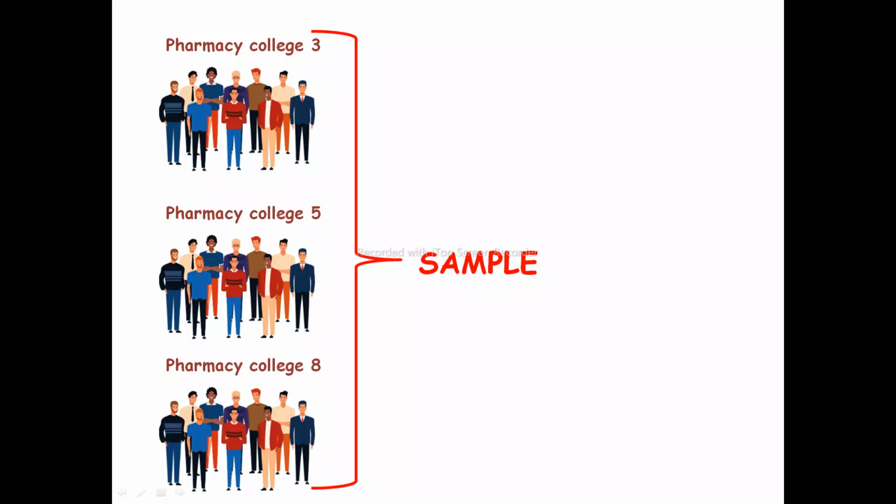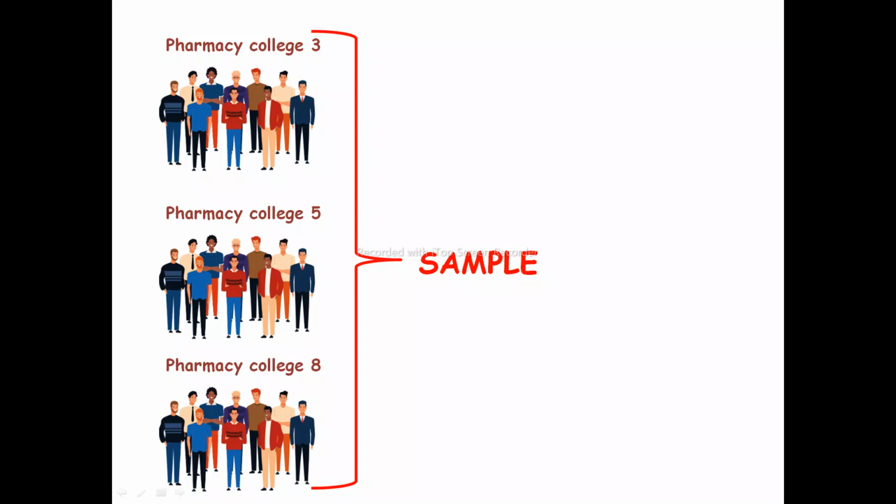When you compare cluster sampling with stratified sampling, in stratified sampling also we did grouping, and in cluster sampling also we did grouping, isn't it? But in stratified sampling the group is known as strata, and in cluster sampling the group is known as clusters. In stratified sampling, we divided into strata, and from every stratum we selected a few members.